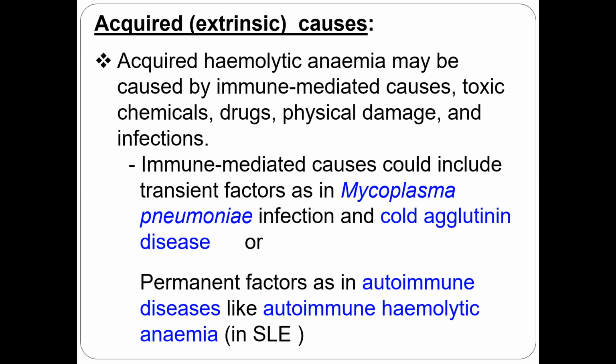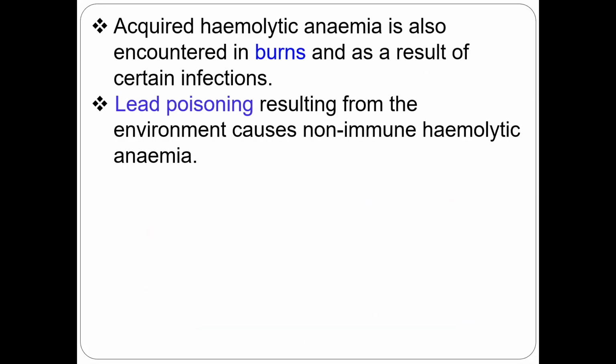Right. So acquired hemolytic anemia can also be due to burns, and as a result of certain infections. When you are burned, even through normal steam, it can also cause the red cells to be broken down. Then we have lead poisoning.